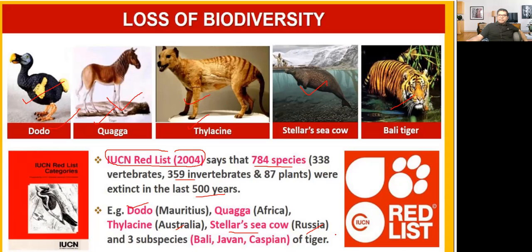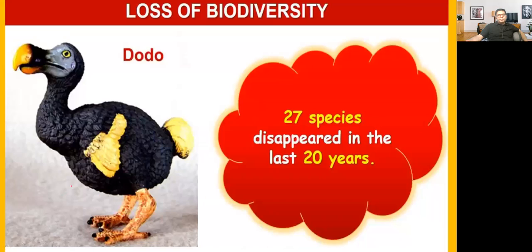So this Red List is prepared by IUCN. 27 species disappeared in the last 20 years.